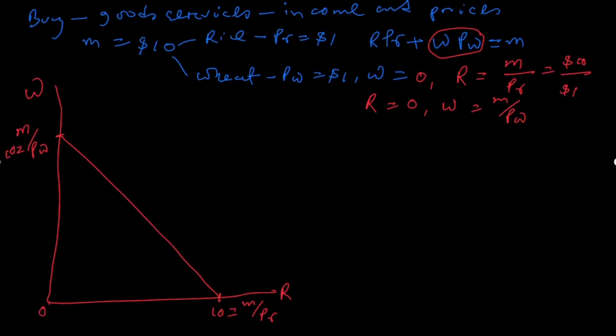For example, if I buy 1 LB of rice, then I can buy 9 units of wheat. So this is another combination.